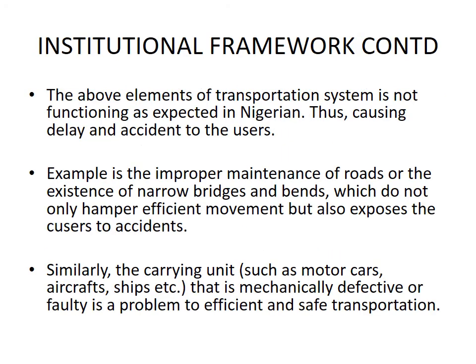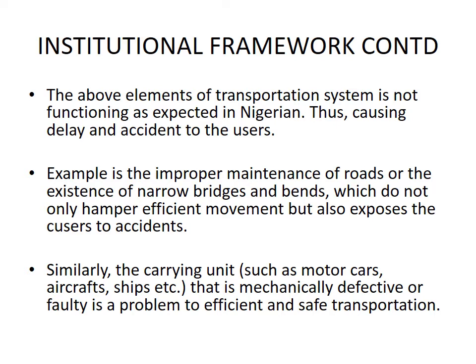The institutional framework is the element of the transportation system which is not functioning as expected in Nigeria. As we can all see, delay in this could cause an accident to the user, and improper maintenance of roads is also affecting us in Nigeria.